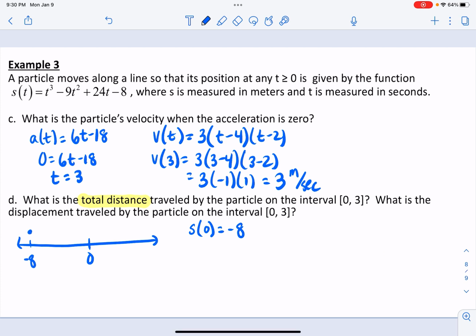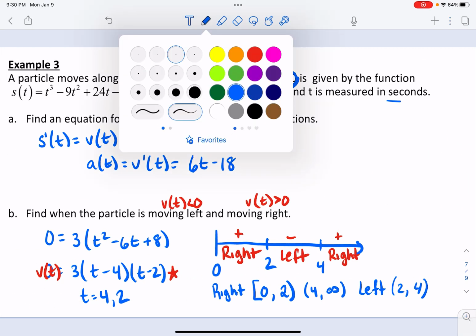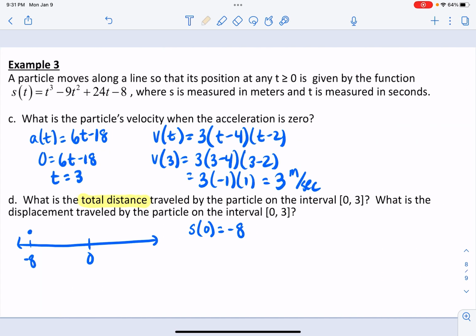We know from this down here that I'm moving right from 0 to 2. So I'm moving right. I have to find what S of 2 is because that's my first time that I stop. S of 2 is 12.